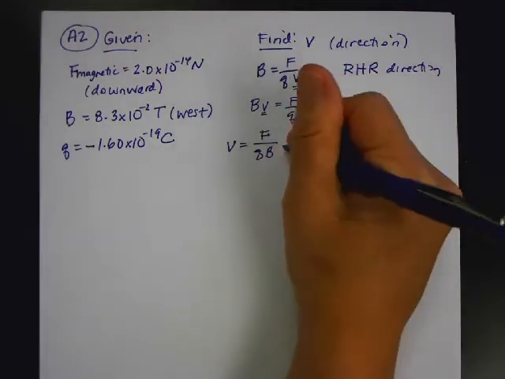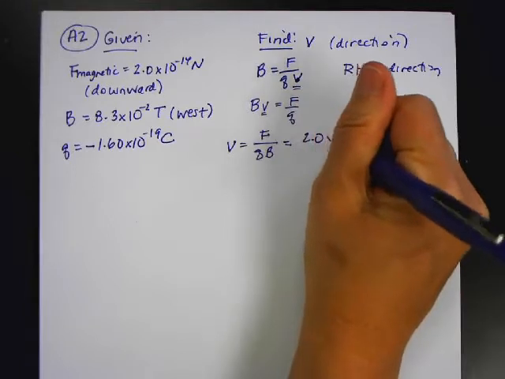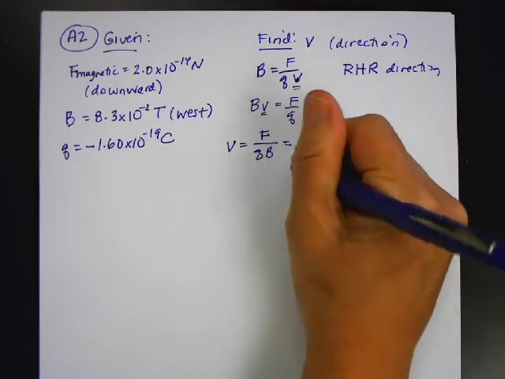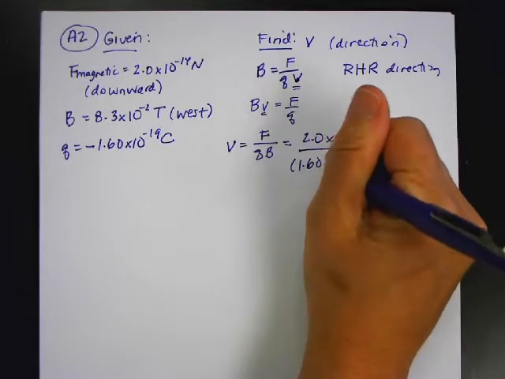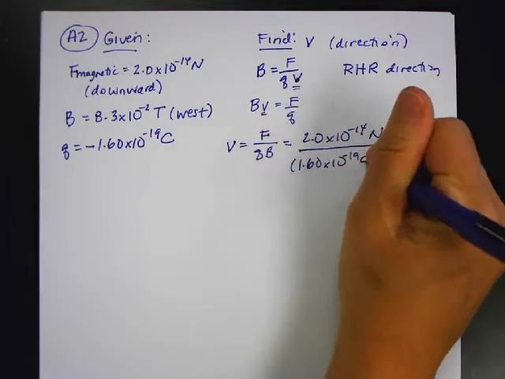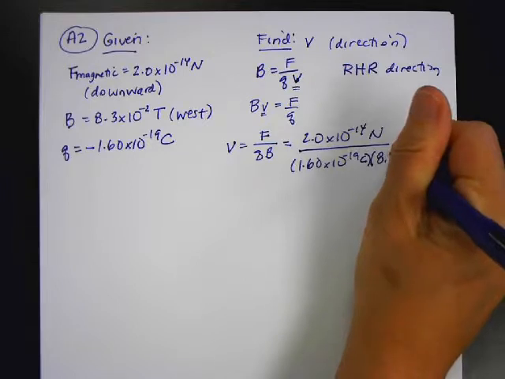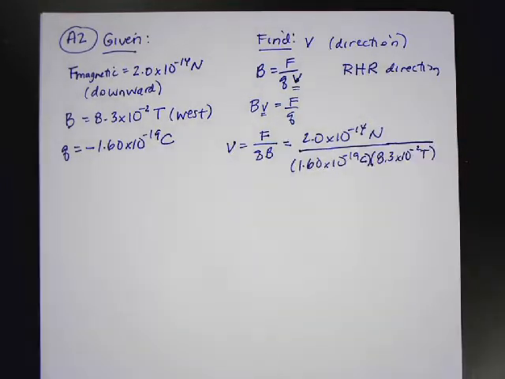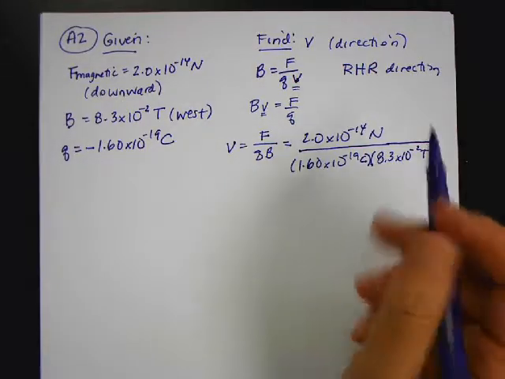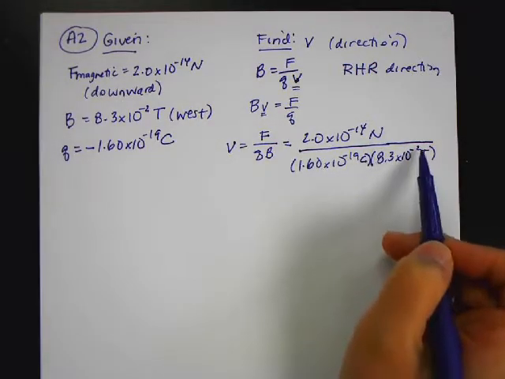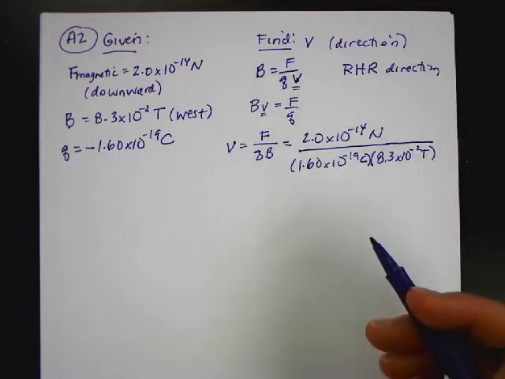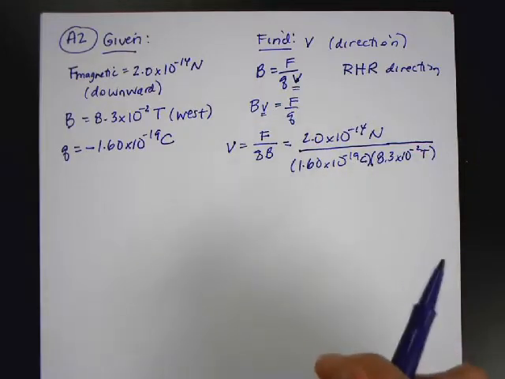Now I'm going to substitute in my values: 2 times 10 to the negative 14 newtons divided by 1.6 times 10 to the negative 19 coulombs, and then 8.3 times 10 to the negative 2 Teslas. Now, if I was doing this in my calculator, since I have these exponents, I'd probably do the numerator first and write that down, and then do it in 2 steps.